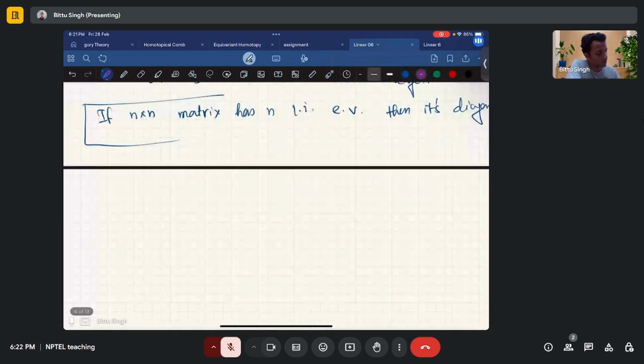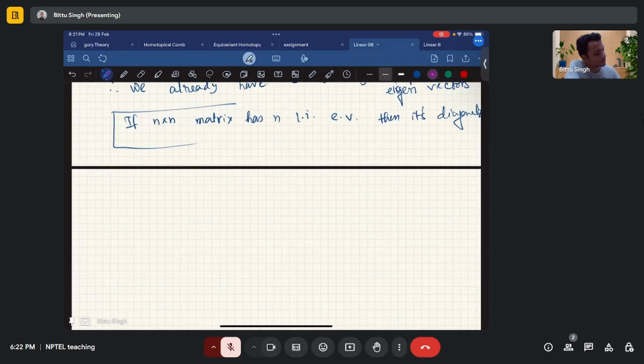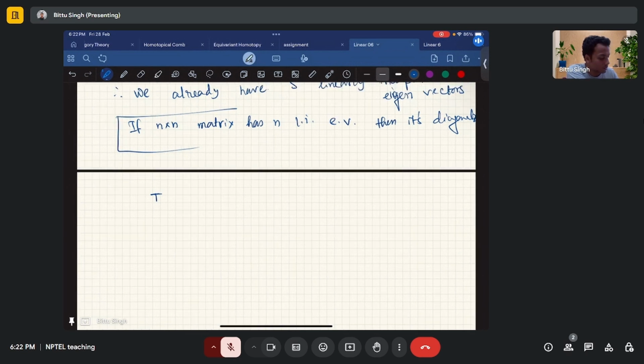Instead of matrix, let us try with the equation actually. T of a0 + a1x + a2x^2 + a3x^3 + a4x^4 will give us a0, a2, a4, right?